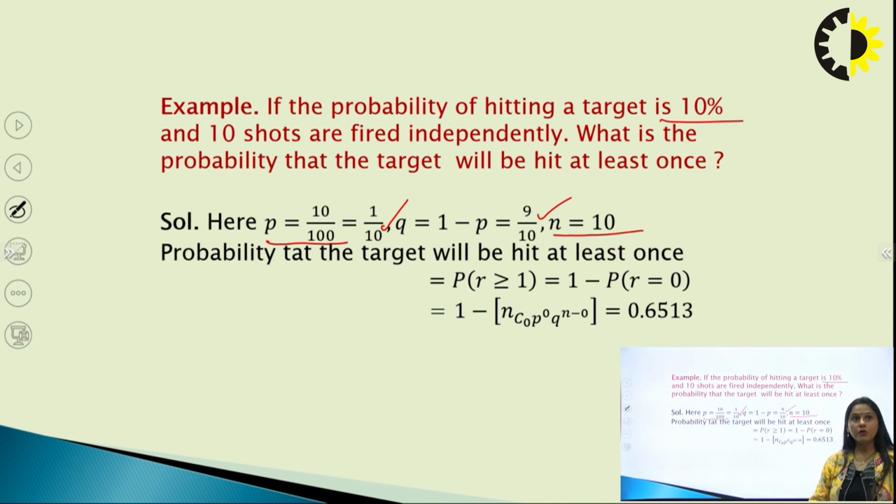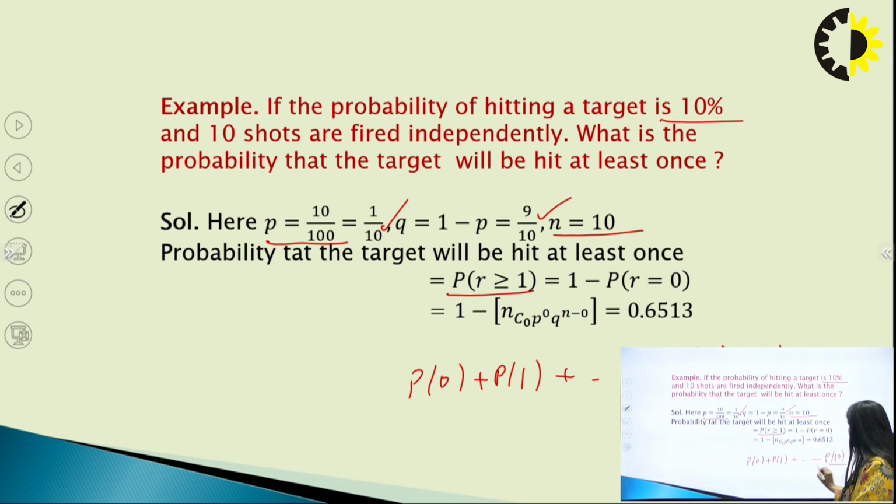Now what is the probability that the target will be hit at least once? It means at least one time it should hit. If it hits 2 times, no problem. And if it hits 3 times, 4 times and up to 10 times, no problem. But at least one time. It means we can take R greater than or equal to 1. So we always know that P0 plus P1 plus so on up to P10 is always equal to 1.